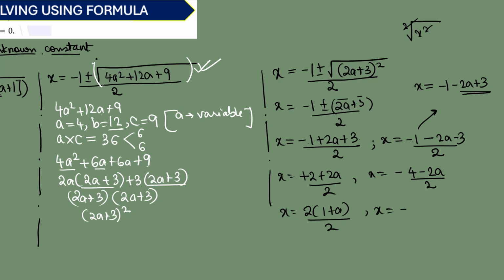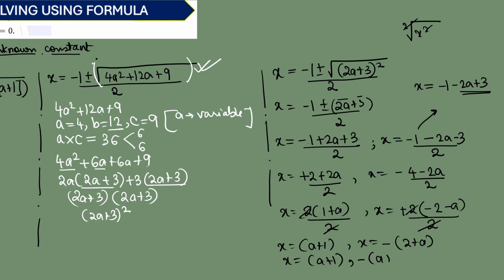Or x is equal to, let's take 2 common, so you are left with minus 2 minus a upon 2. 2 cancel, 2 cancel. So x is equal to 1 plus a. Can I write it as a plus 1? Or x is equal to minus of 2 plus a, or a plus 2. So what are the values of x? a plus 1 or minus a plus 2. These are your values of x.